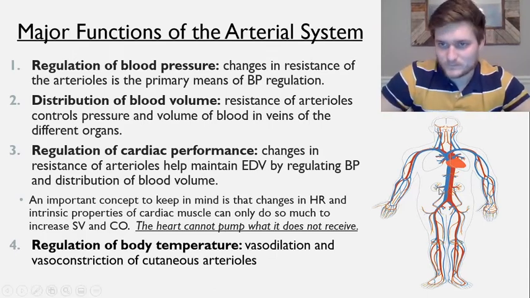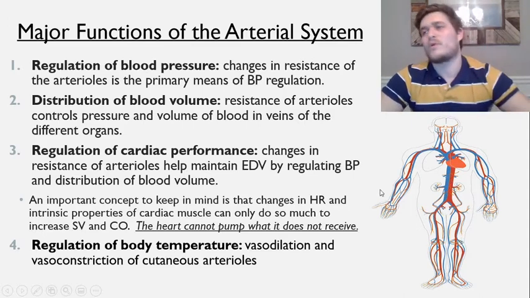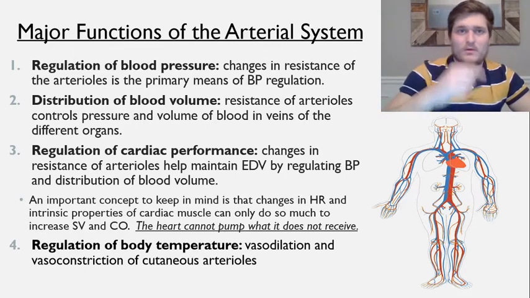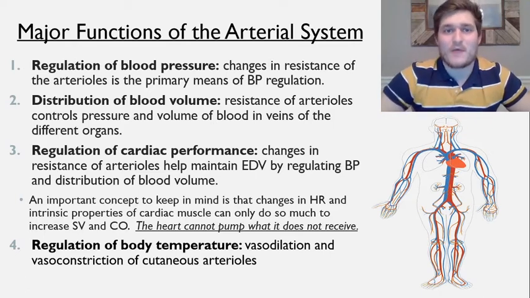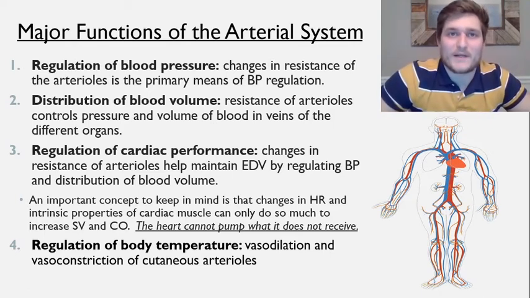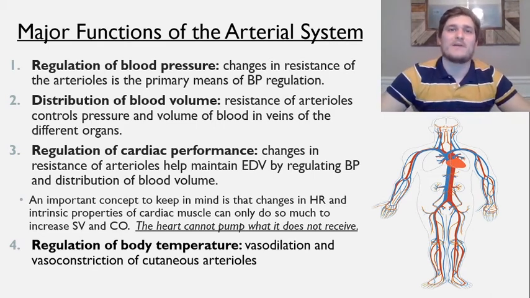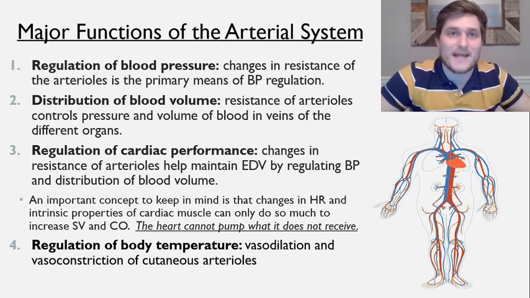So if the arterioles are more vasoconstricted, less blood passes through, and therefore less blood makes it back to the heart, which limits stroke volume and cardiac output, because the heart can't pump out blood when it doesn't have enough to pump out. The heart cannot pump what it does not receive.